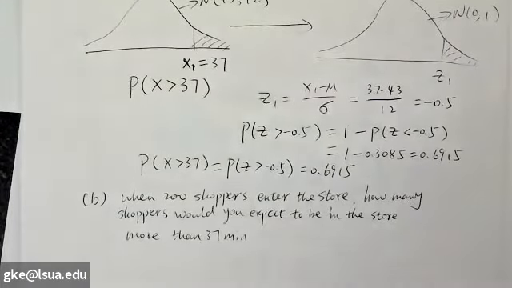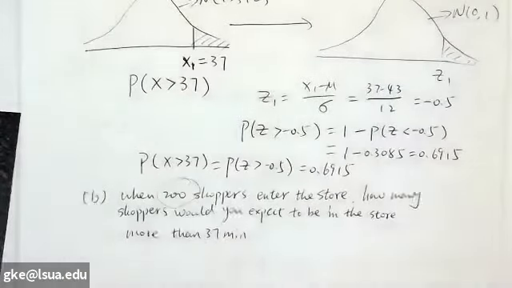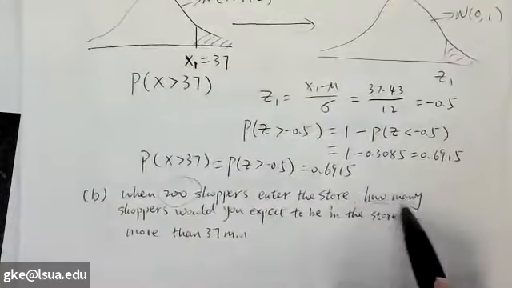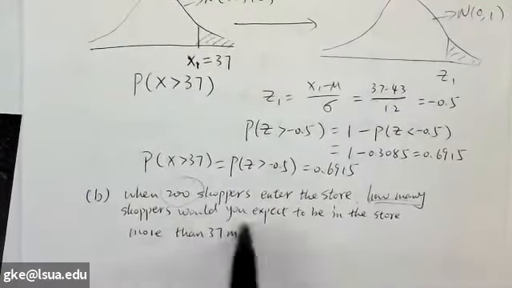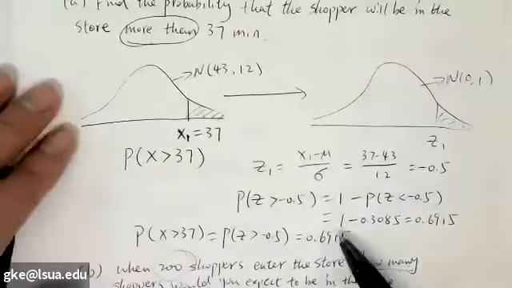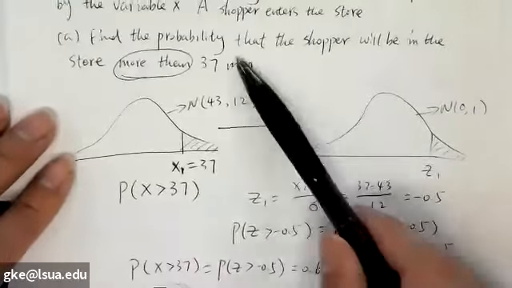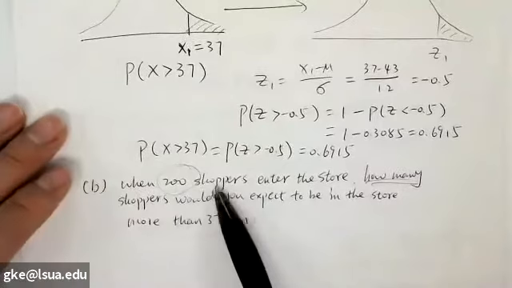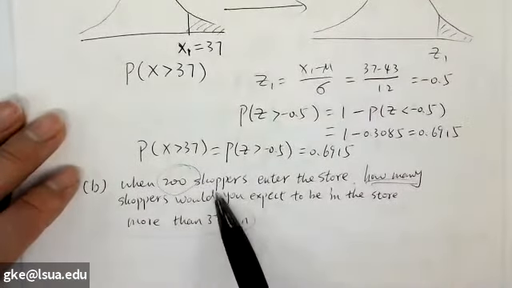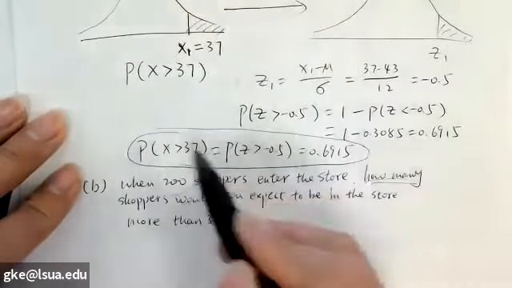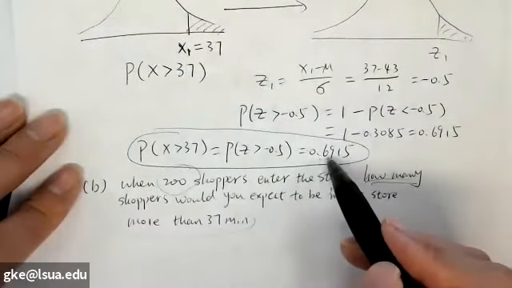Now it's very specific. 200 shoppers. Okay, how many of them would stay there for more than 37 minutes? Okay, the problem is gonna be the continuation from the previous problem, more than 37 minutes, and we needed to know the probability. Okay, we know the probability for more than is 0.6915.